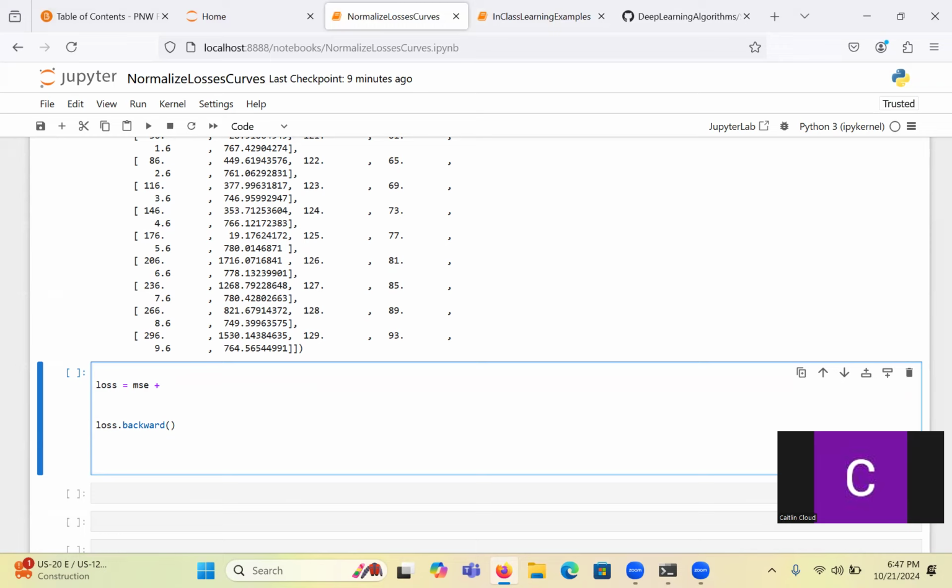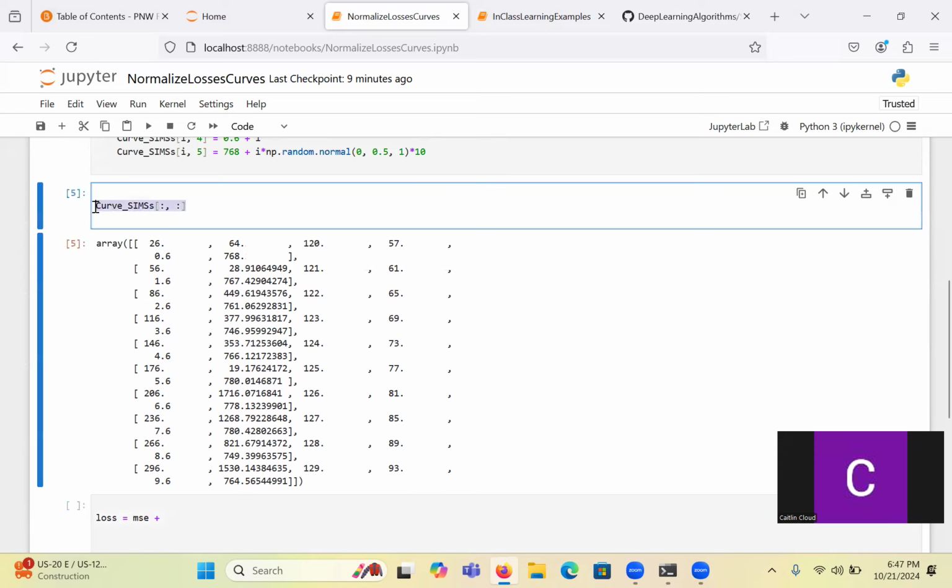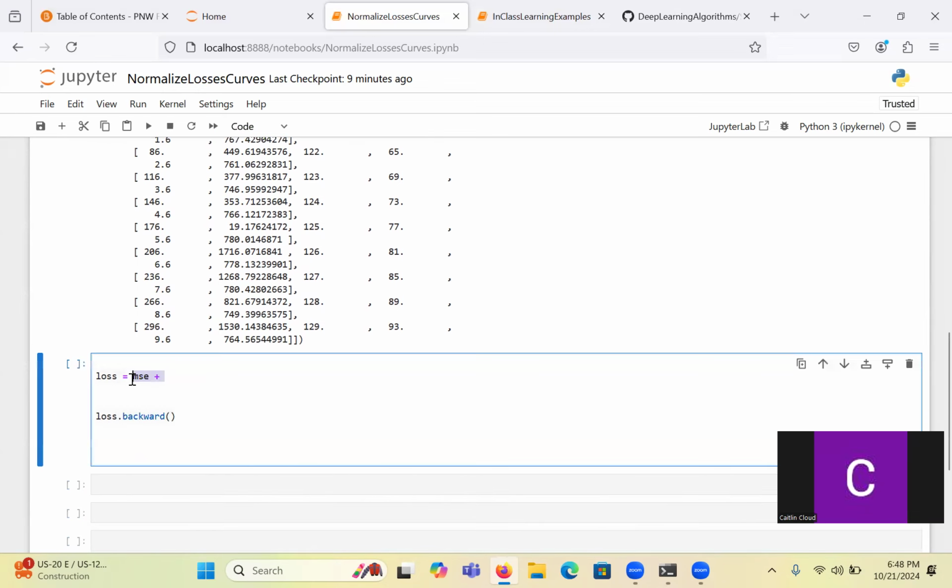So to be more exact here, it would be curve sims 0, plus curve sims 1, plus ..., plus curve sims, what is it, 5?